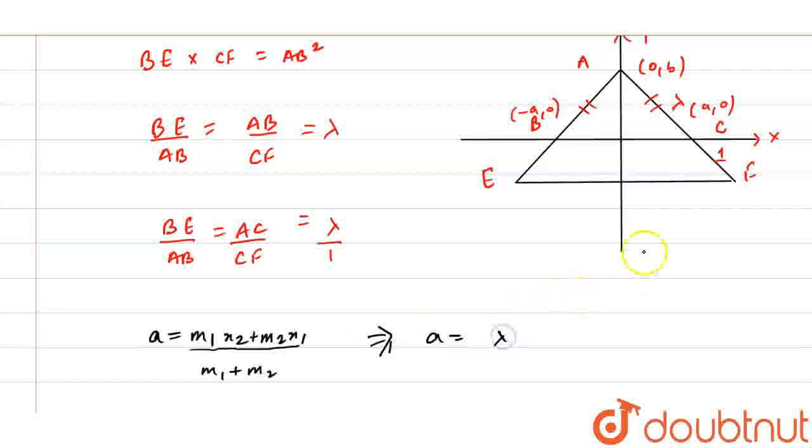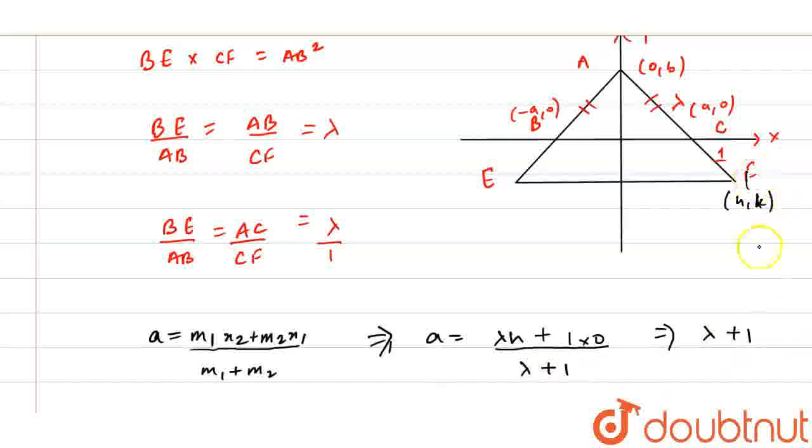Let this F point be (h, k), so the value of x2 is h: lambda h plus 1 times x1, where x1 is 0, divided by lambda plus 1. This is the value of a.